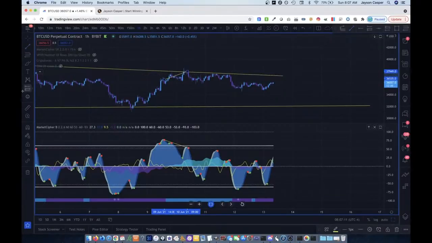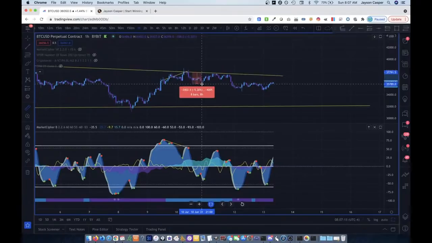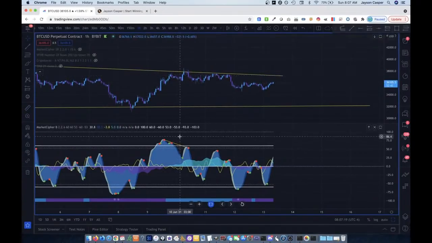We could enter that nice trade and get a move to the downside of about 5%. That's a big move, guys. And that would be entry number one.